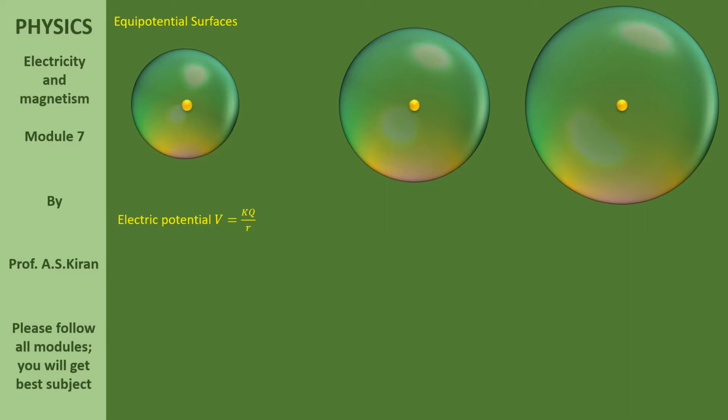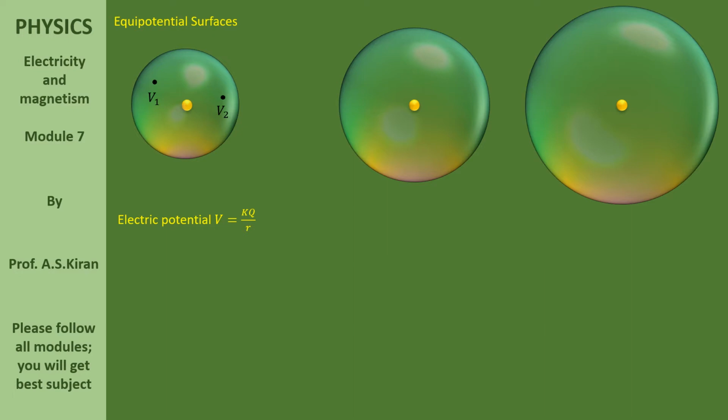Now, on the first sphere, let us consider any 2 points. At those 2 points, let us say the potentials are V1 and V2.